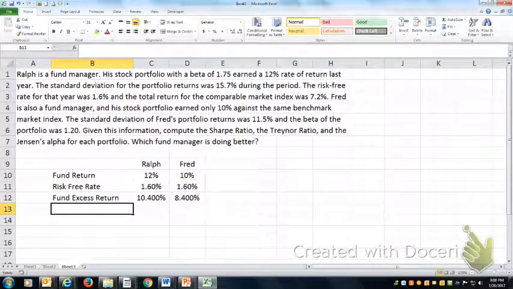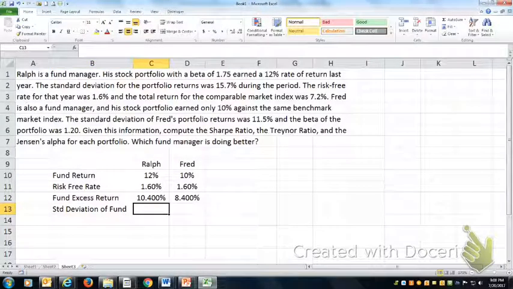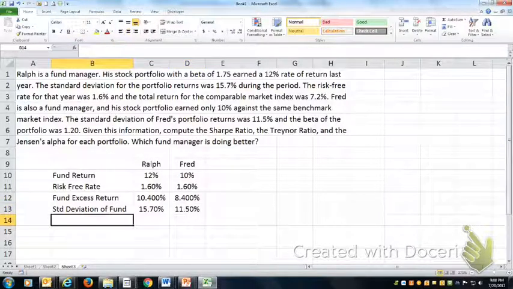All right, so what else do we have? We've got a standard deviation of the portfolios, or the fund. We just call it the fund. It was 15.7 for Ralph and only 11.5 for Fred.